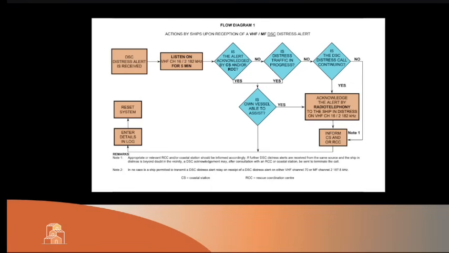So I have here some flow charts or graphics showing how the distress alert is received and transmitted to the channels and then to voice communication.